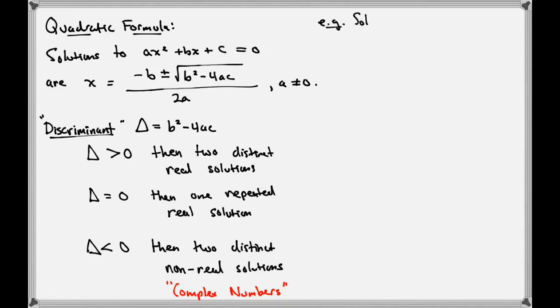So let's look at an example. Let's take 4x squared minus 12x plus 9, set it equal to 0. Let's find the zeros of that function. And we're just going to go right to the quadratic equation. So a, b, and c are the coefficients. Make sure you include any sign as part of that coefficient, so minus 12 for b.